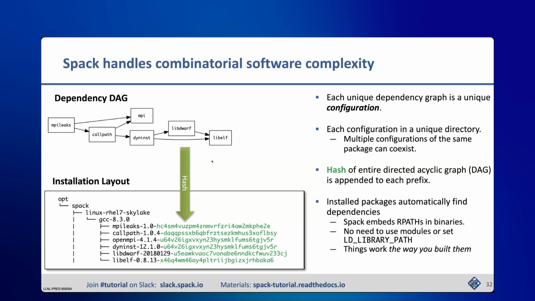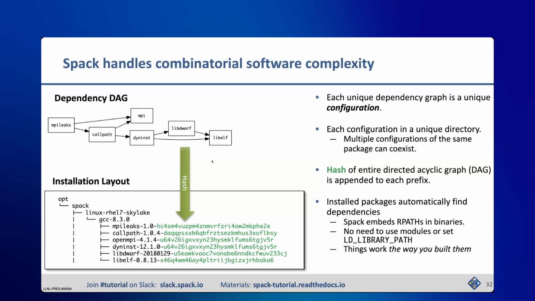So instead, what we do is we embed RPATHs in the binaries. RPATH is part of the ELF standard, or it's the field in ELF that's used by the loader. And essentially what it does is it's like LD_LIBRARY_PATH, but it says for this library, go and find its dependencies in these locations. And so we're essentially baking in the knowledge of where to find dependencies into every library in Spack.